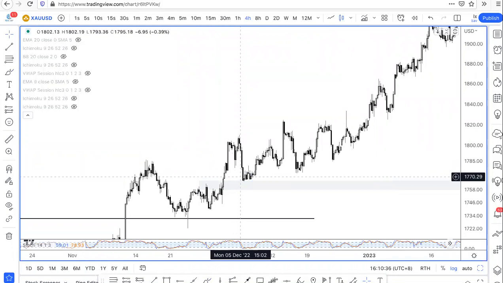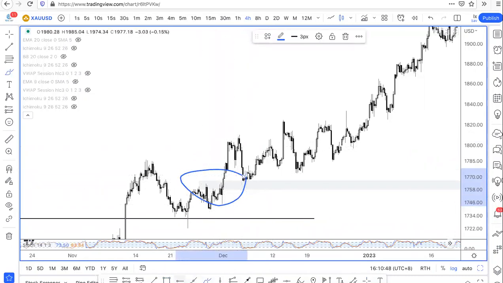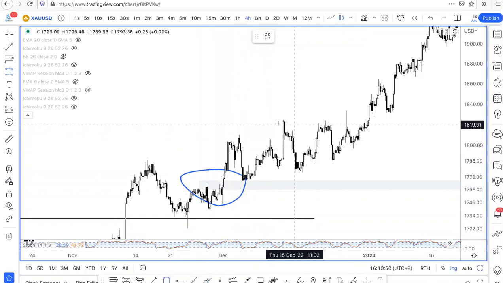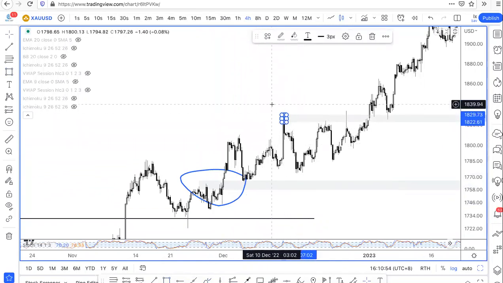So in an uptrend, any pullback into a support area, price could continue to the upside. So what we want to do with this is to try and identify support zones. So there's one over here. Support zones are basically support and resistance areas that we want to keep a lookout for. So in this case, this would be one area too.